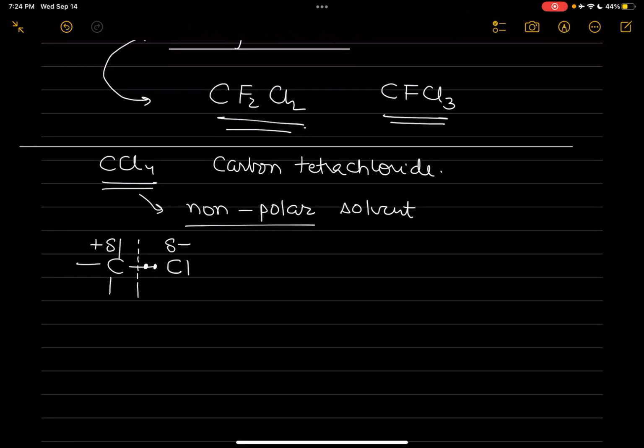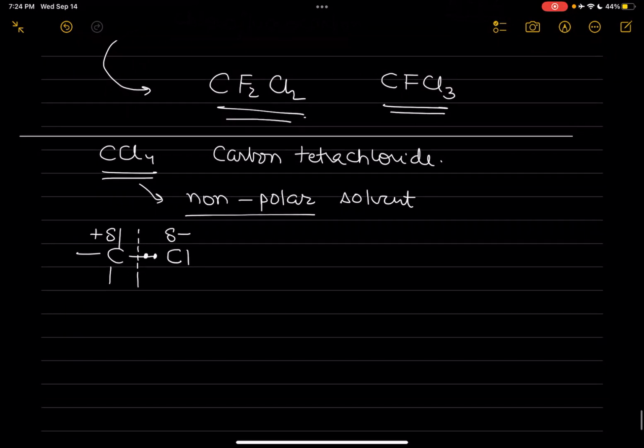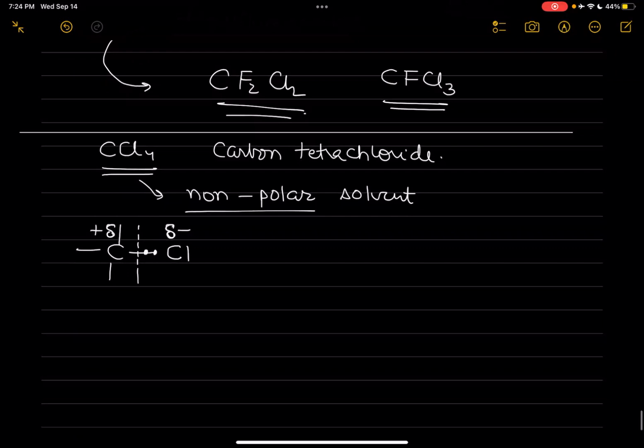This is because of the difference in atoms and their pulling tendencies. The non-metallic elements on the right hand side of the periodic table have a stronger tendency to pull the electron and they acquire partial negative charge. This is delta. Small delta means a small amount of negative charge, and delta positive. Is it clear? In physics also you might have studied dipole, right? So this bond is actually a polar bond.